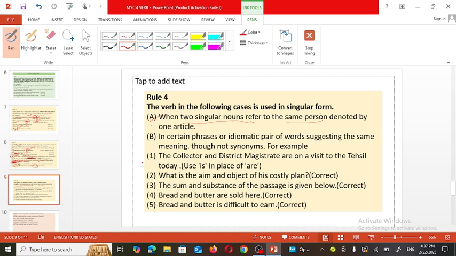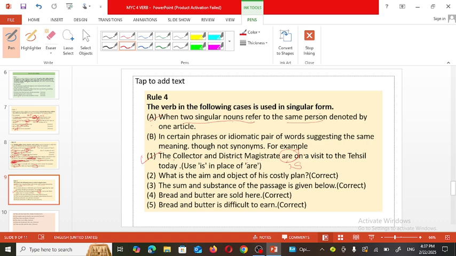For example, see the first sentence, the collector and district magistrate. They are not different personalities. Collector means district magistrate. So instead of are, we must use is here.